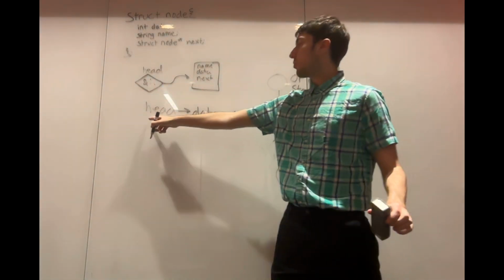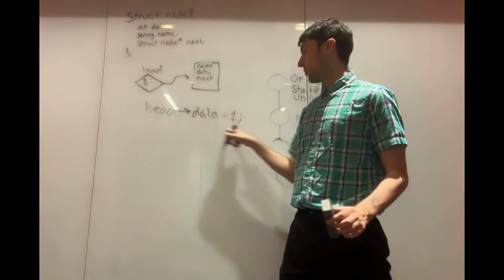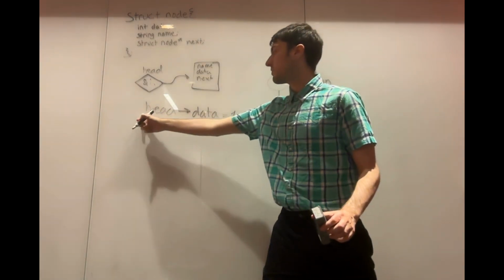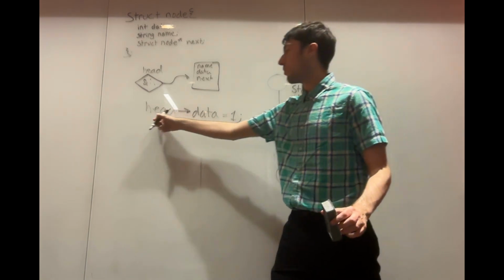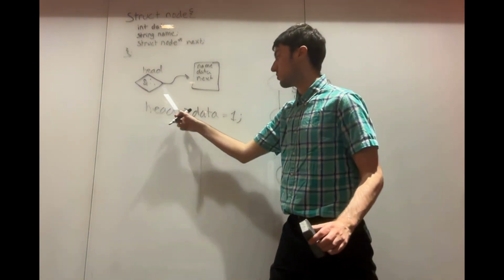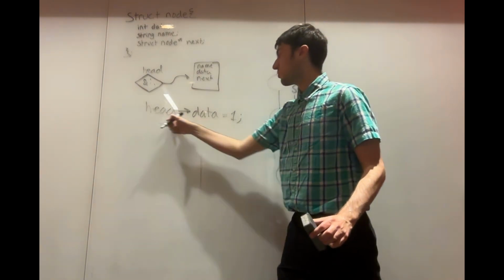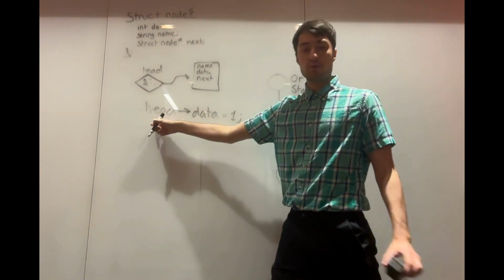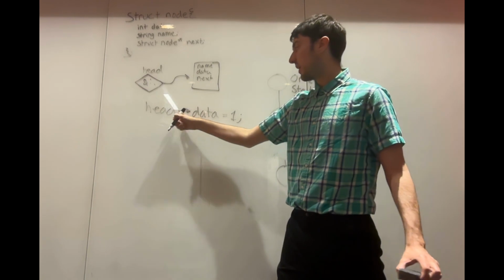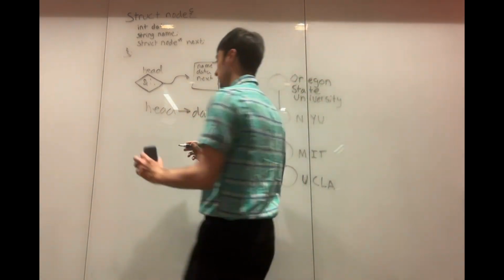Okay, so what does this line of code do? It takes this first one, which is a pointer. In the case of the arrow operator, this particular element is always going to be a pointer, because what this arrow operator means is this.